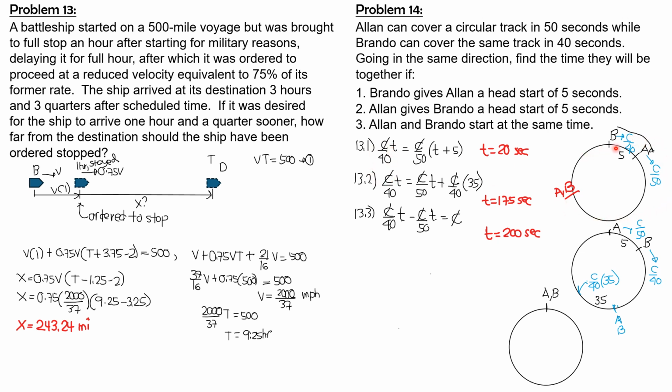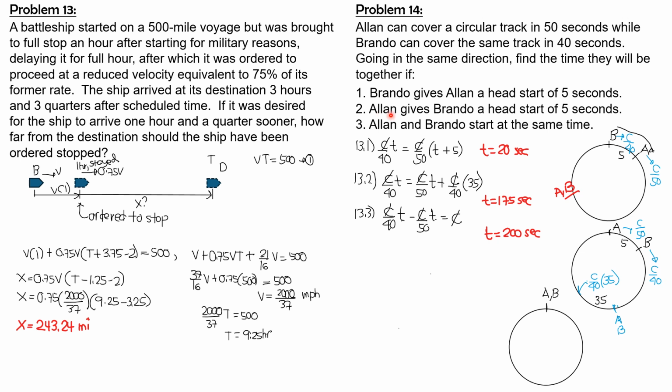Then that should be equal to the travel time of Alan times his speed. We have 5 seconds plus t, so the travel time of Alan is t plus 5 seconds. So speed of Alan c over 50 times travel time t plus 5. We cancel out c, solve for t is 20 seconds.